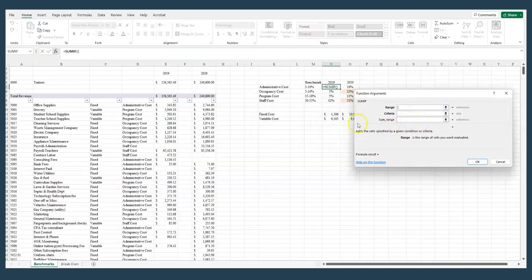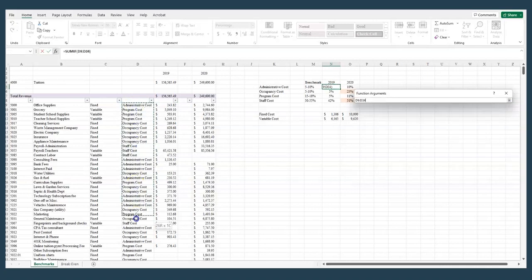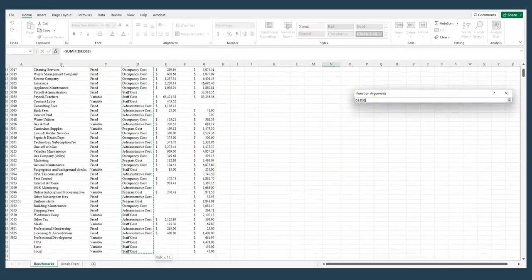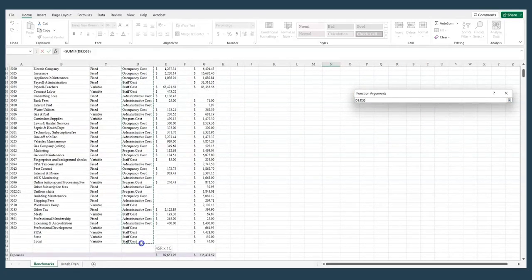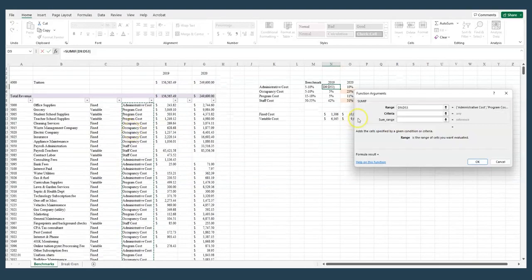I'm summing if the cell has the words administrative cost in it. So the column that has the text we're looking for is the range of cells we want evaluated. I'll pick everything in here that we've labeled that way.